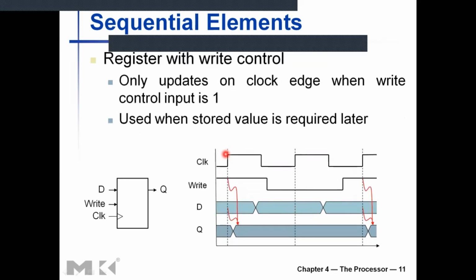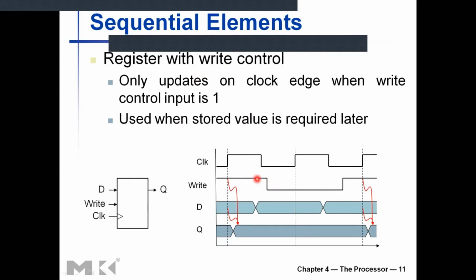Right. Then in the CPU we will use things like registers with write control. So the update happens only when a particular control signal, like this write signal here, is enabled. In this particular timing diagram, the write signal is enabled, or high, here in this starting period.